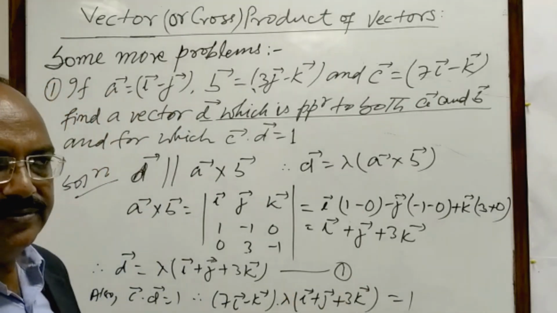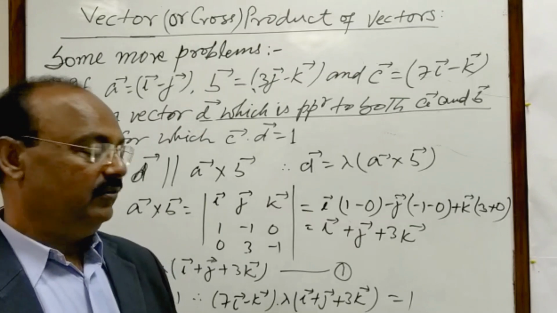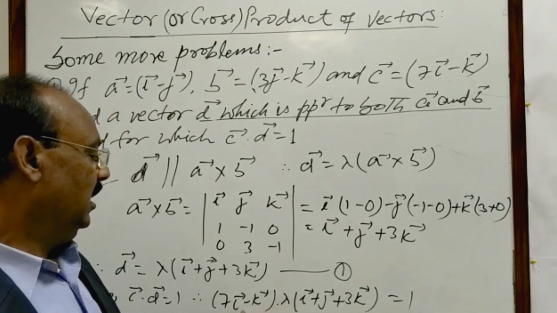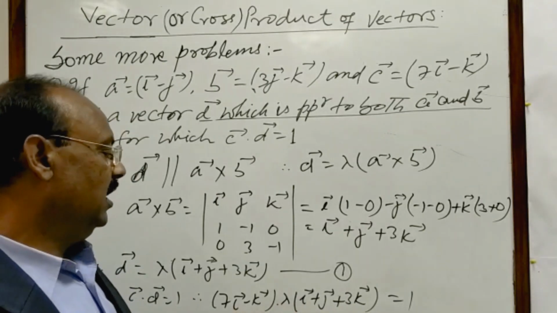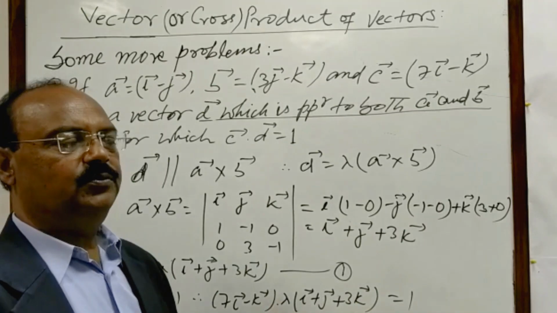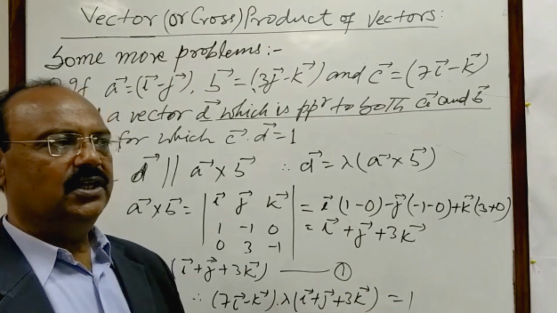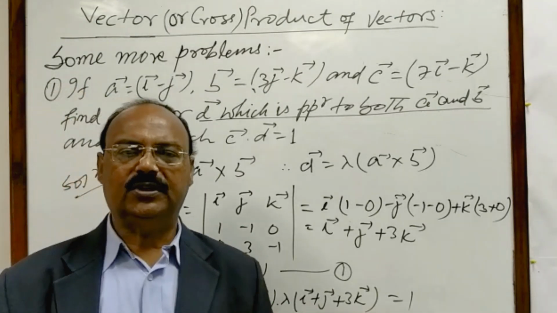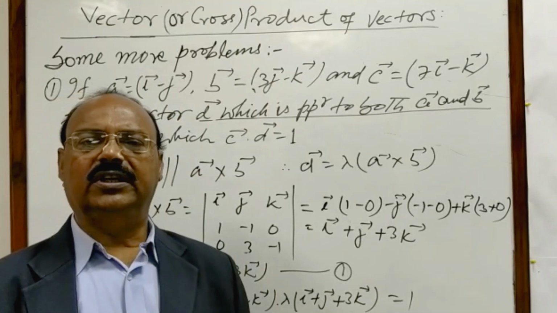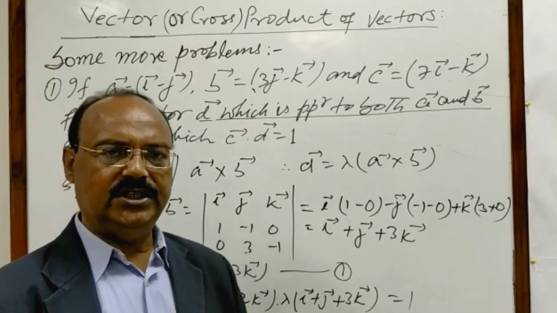In the previous videos we have already discussed how to get dot product of two vectors. Here we have to note that i dot i is equal to 1, i dot j is equal to 0, i dot k is equal to 0. Since dot product of two mutually perpendicular vectors is 0, because a dot b is magnitude of a into magnitude of b into cos of theta. So theta, when it is 90 degree, then dot product will be 0.